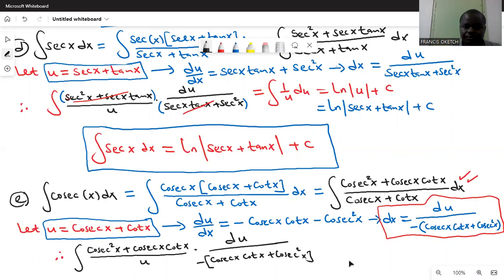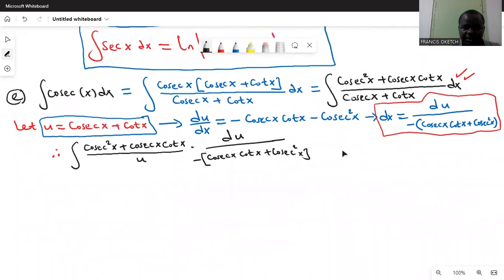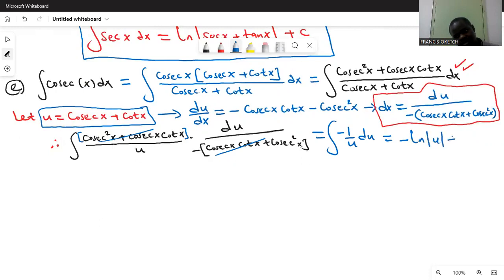So look at our integrand. What do you realize? That there's some factor that is common in both numerator and denominator. And so it will cancel out. It is this one here, it is common. So all of this will cancel out with this. So we remain with the integral of negative 1 over u du, which is the same as negative ln u plus a constant c.